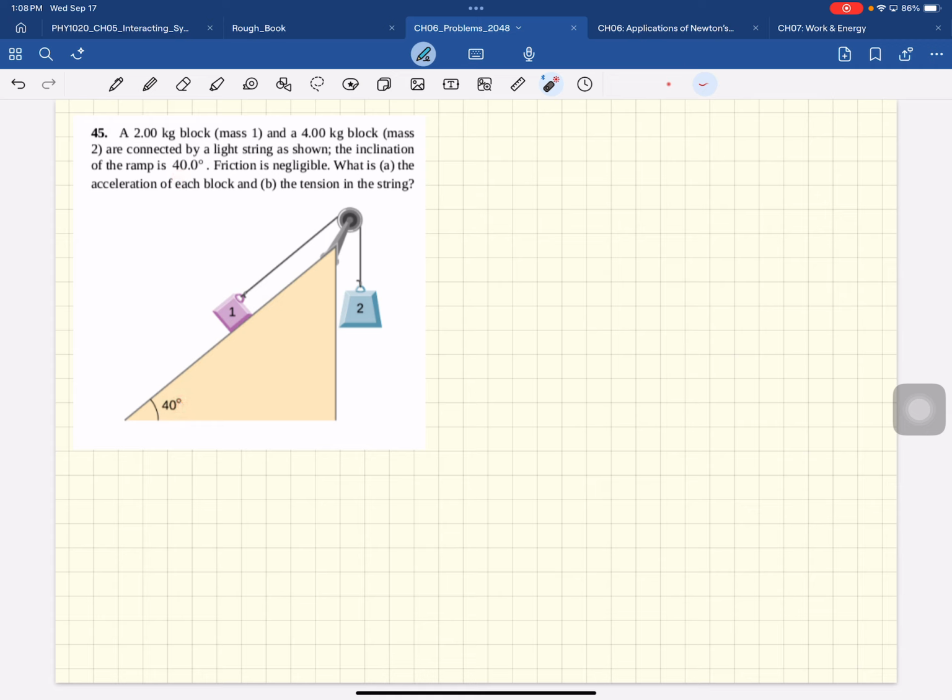Friction is negligible. What is the acceleration of the block and the tension in the string? Again, they don't explicitly state that, but we'll assume that the pulley is massless and frictionless. We have to assume that because they haven't given us the mass, so you couldn't solve it otherwise.